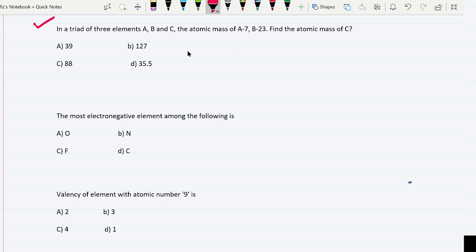So you all know very well that this is Dobereiner's law of triads. That is, B is equal to, mathematically it can be written as, (A plus C) by 2.